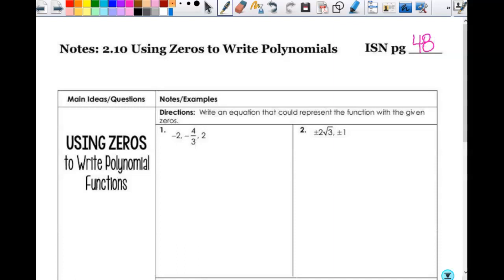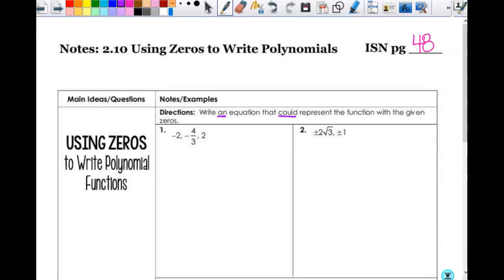So there's some keywords I want you to focus in on in the directions here. It says write an equation that could represent the function with the given zeros. Here's what it does not say. It does not say write the equation that represents. This is very important, because if you remember, our zeros will tell us where we intersect the x-axis.